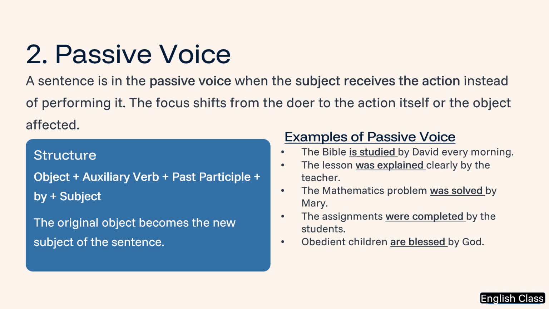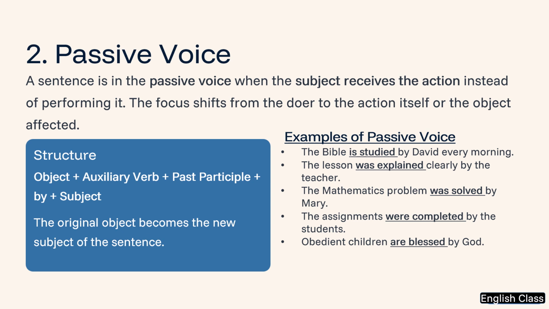But the Bible was the object. So we see it coming first. The Bible coming first, plus auxiliary verb is, plus past participle of studies, which is now studied, plus by, plus the subject, which is David.